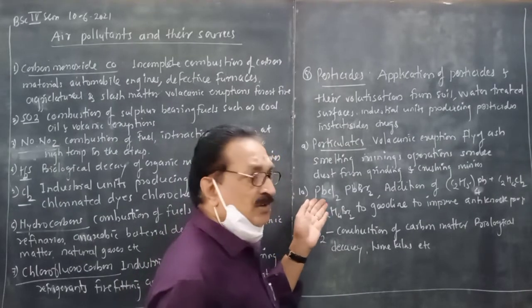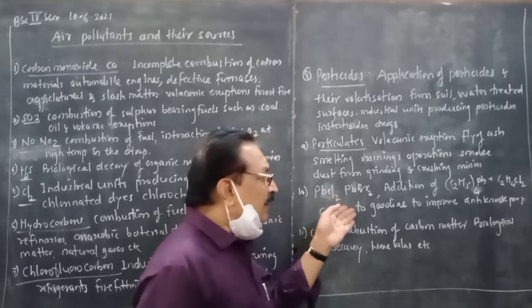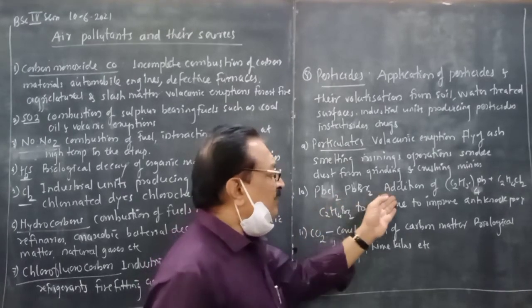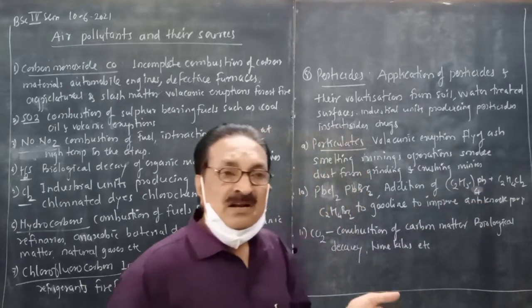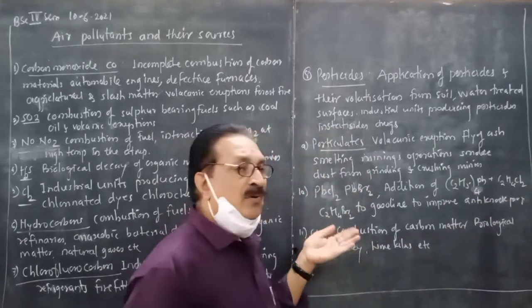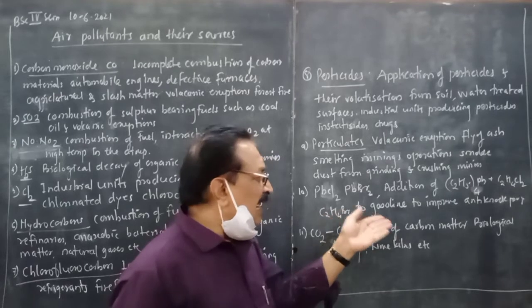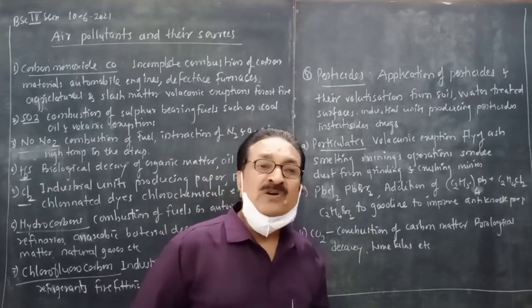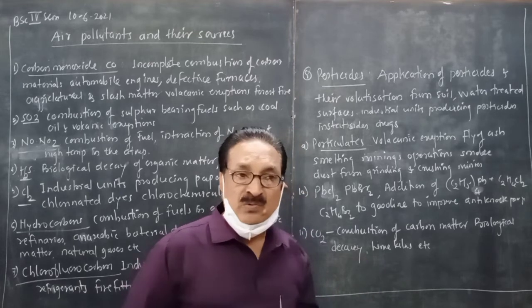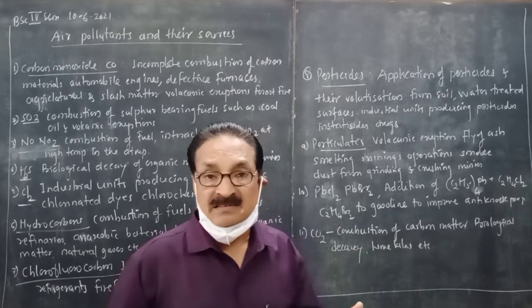Not only that, you can take lead chloride and lead bromide. These are obtained from the addition of tetraethyl lead, and even dichloroethane and dibromoethane, to the gasoline. Tetraethyl lead, known to you as TEL, is added to petrol to reduce knocking.